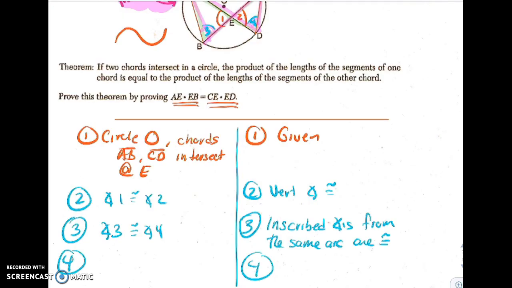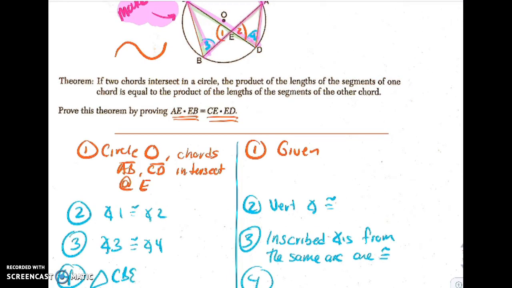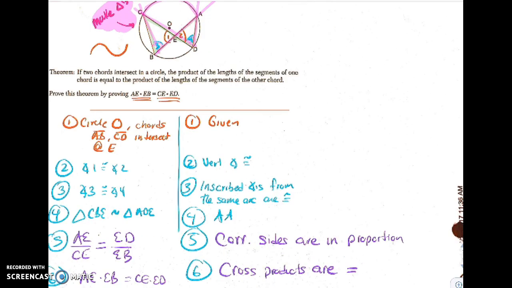And then I'm going to go ahead and say triangle CBE is similar to triangle ADE because of the angle-angle theorem. And once you have similar triangles, then you can set up the proportion AE over CE, ED over EB, corresponding sides are in proportion, cross multiply is what they wanted, and you're done.